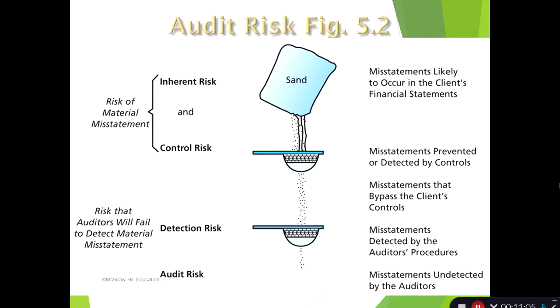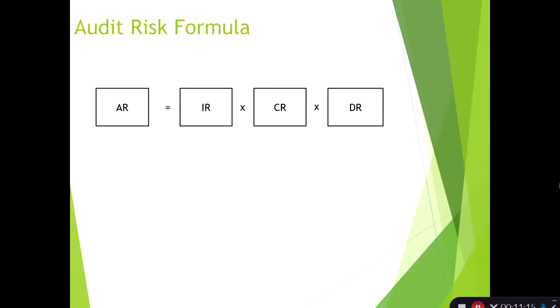And the detection risk is the risk that the misstatement will not be detected and make it through the auditor's procedures. Yeah, so you'll see me sometimes write this out in this way: audit risk equals inherent risk times control risk times detection risk. And we'll do a little bit more with this later as we go along.